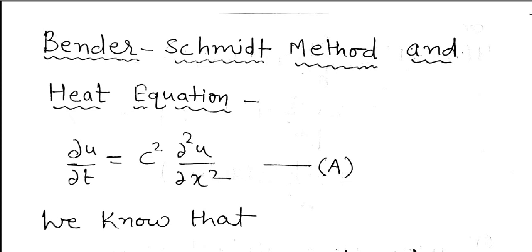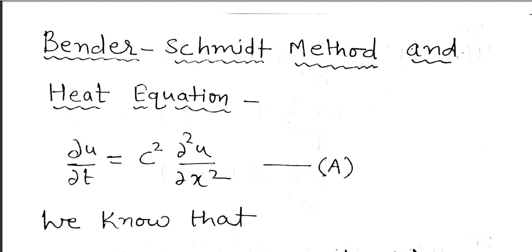This equation is known as an elliptic equation if b square minus 4ac is less than 0.